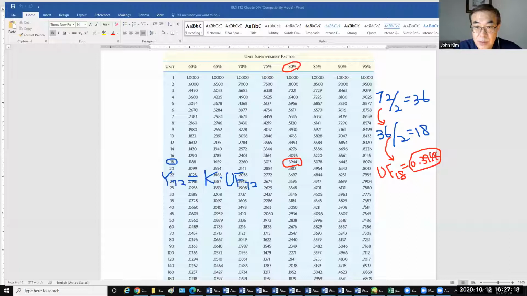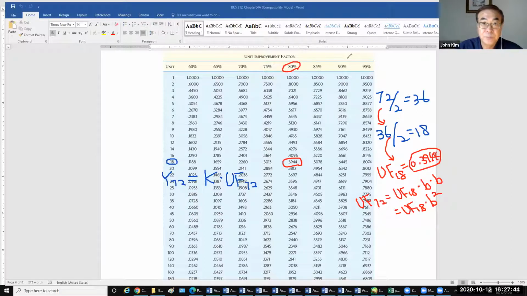So in that case, unit factor 72 equals unit factor 18 times B times B, because we divided by 2 two times. So that will be unit factor 18 times B squared.